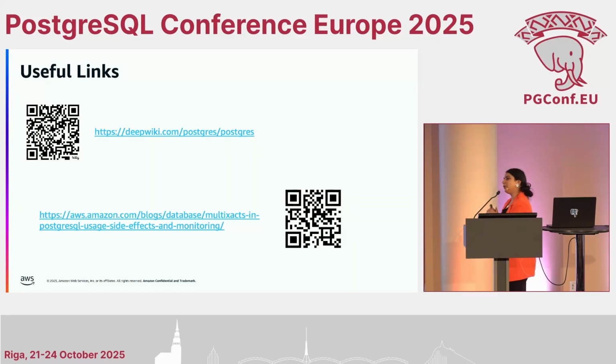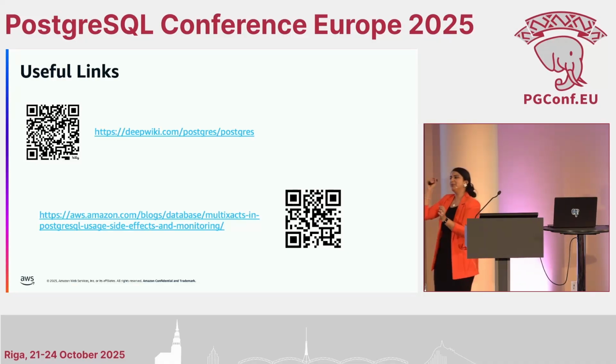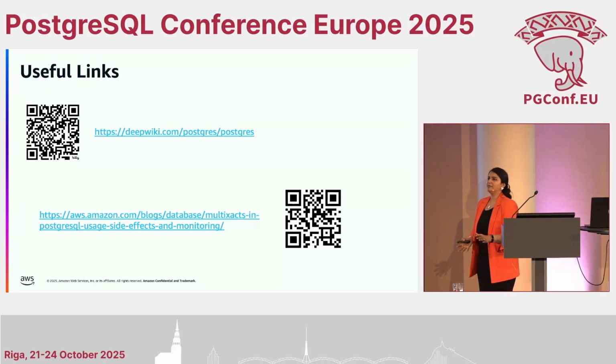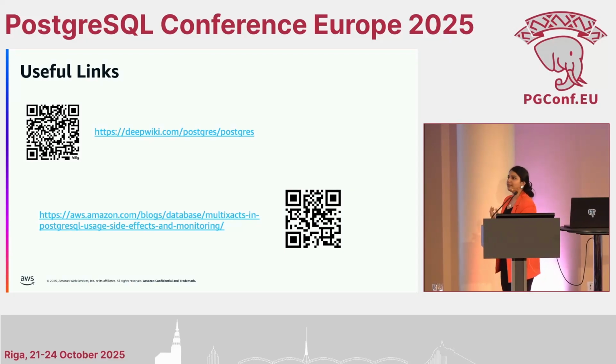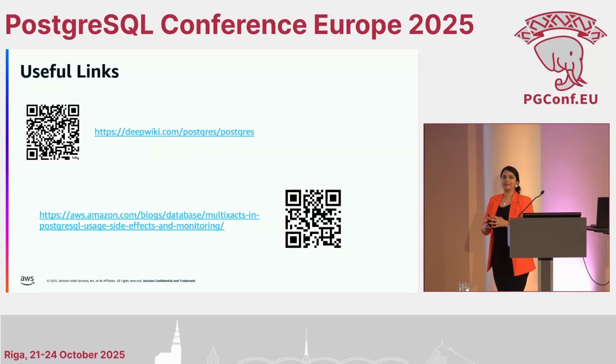If you have a question about, let's say, how SLRU banks work in Postgres 17, type that question in the DeepWiki for Postgres, and it gives you a detailed answer with how it was implemented, with the files it is accessing in the Postgres code. If you are learning Postgres or want to understand some concepts in depth, I highly recommend the first link. The second one is for the blog.